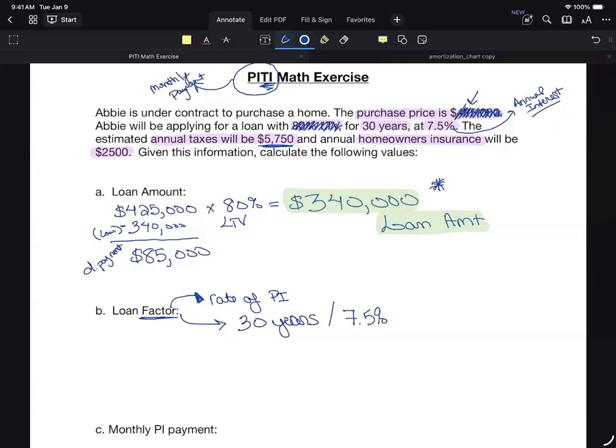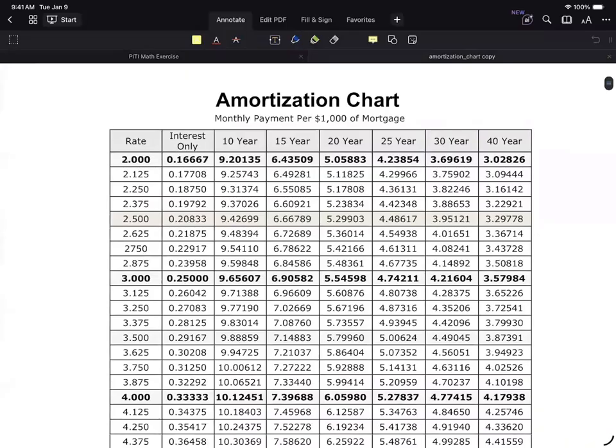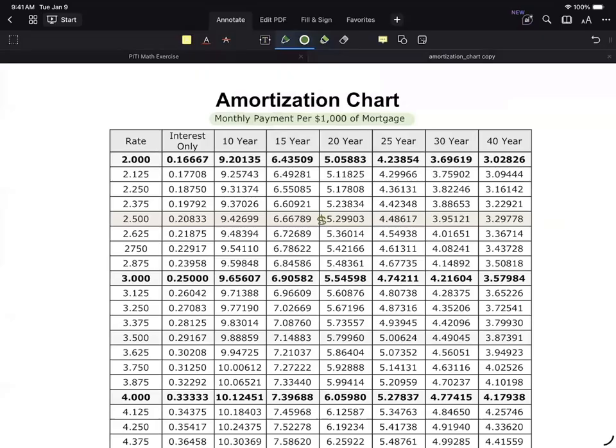Have you seen me do this math where sometimes I pull up this loan chart, amortization chart thing? Yes. This is your amortization chart, and it gives you your monthly payment per 1,000 of the mortgage. Imagine every one of these numbers had a dollar sign in front of it.